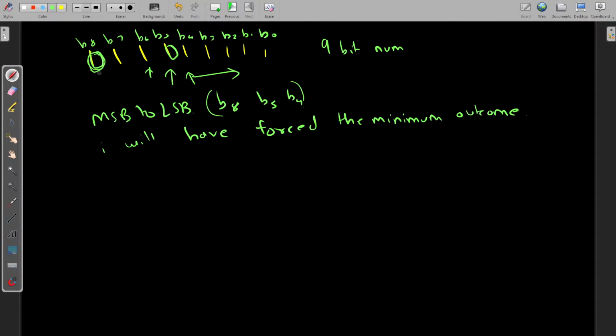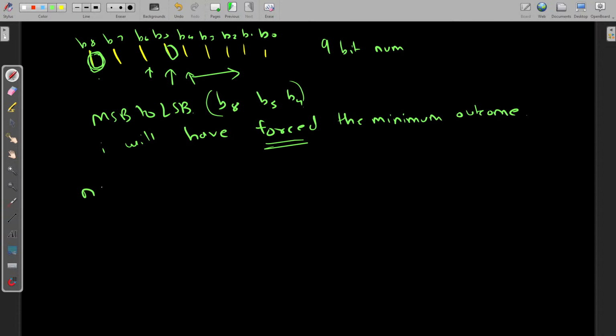And after the most significant part, if there was a clash, then we went to the second most significant part, which was removable, and so on. Since we were removing the highest contribution possible at each step, the outcome would ultimately be the minimum possible. So that is how we have forced the minimum possible outcome.